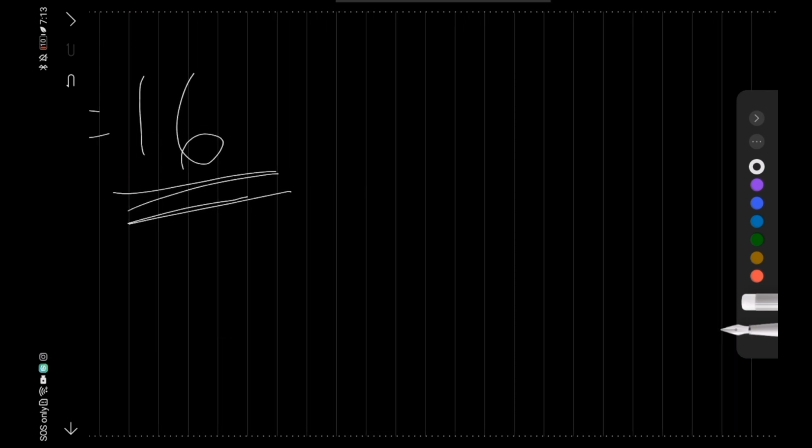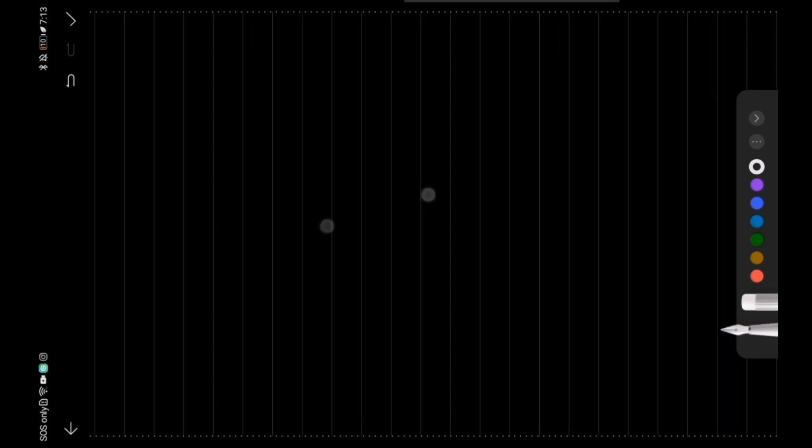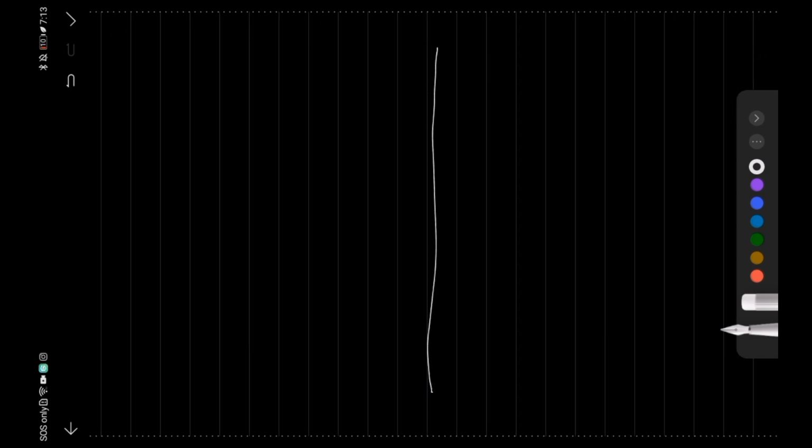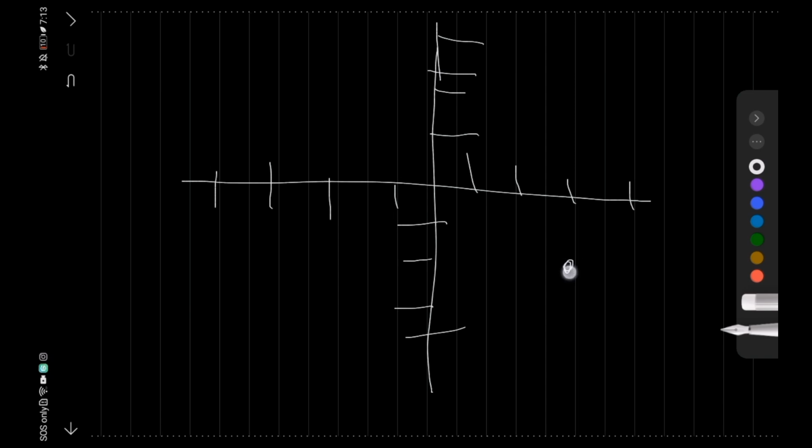So if you plot this on a graph, it's a circle centered at positive 3 and negative 2 with a radius of 4 units. So this is our center here.